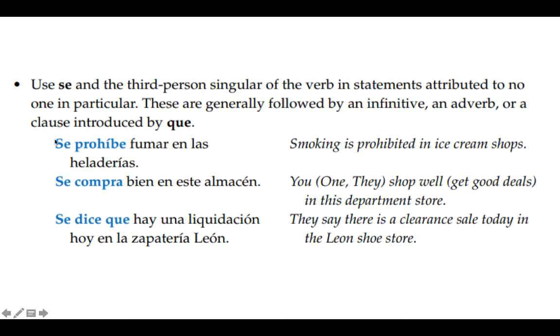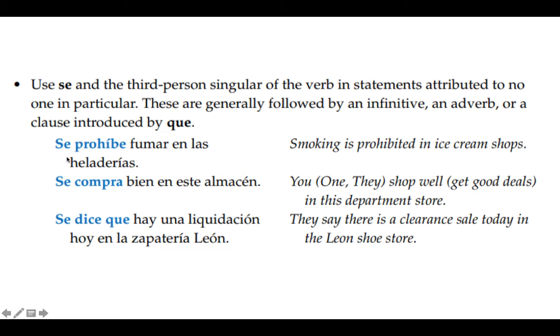So for example, se prohíbe fumar en las heladerías. Smoking is prohibited in the ice cream shops. Or some might translate it as one prohibits smoking in the ice cream shops. Another example, se compra bien en este almacén.